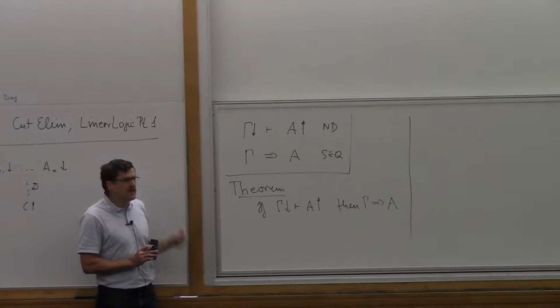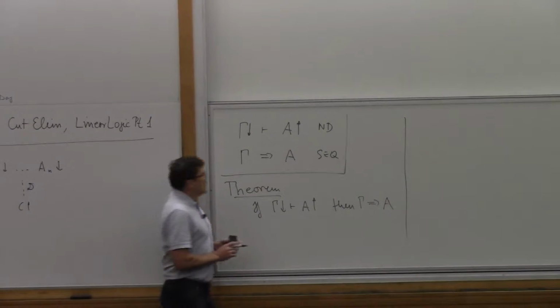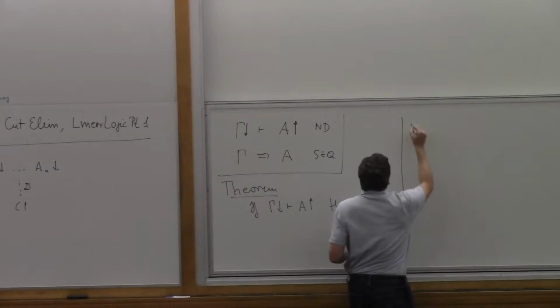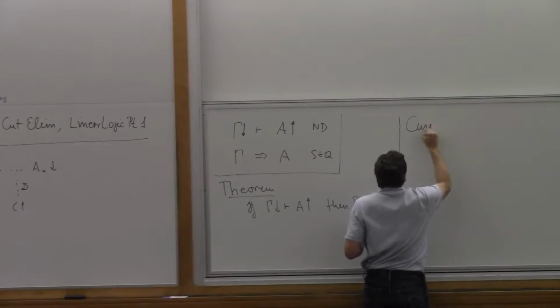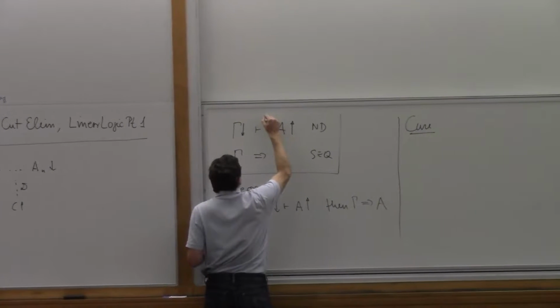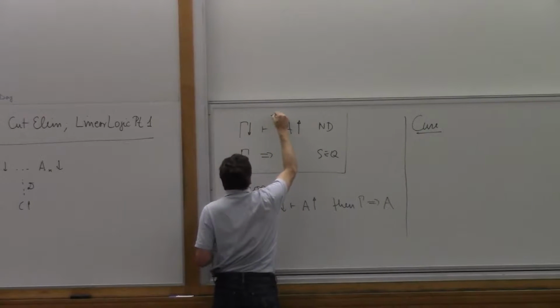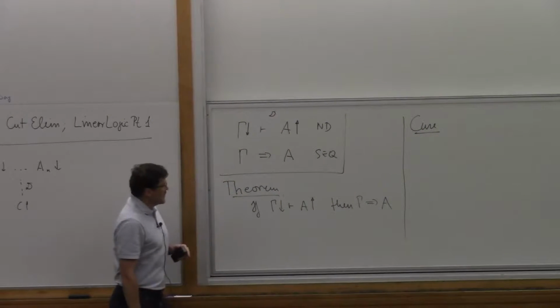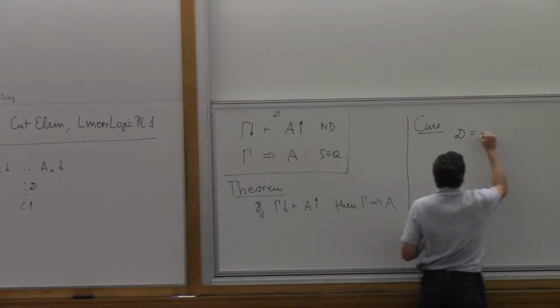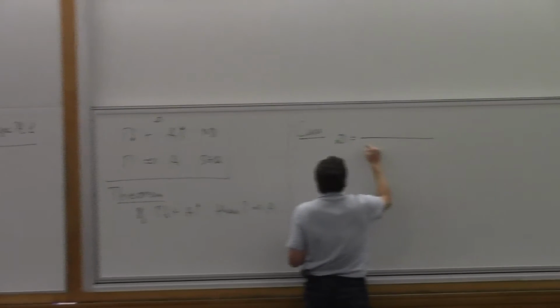Okay. All right. So now we're looking at the possible cases for this. Okay, so let's give this thing a name. Let's say this derivation is D. Okay. So one possibility for D is that it looks like this.